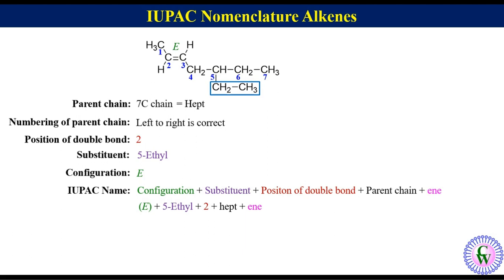Now combine these segments to get IUPAC name, which is E-5-ethyl-2-heptene, or in a different way we can write E-5-ethylhept-2-ene.